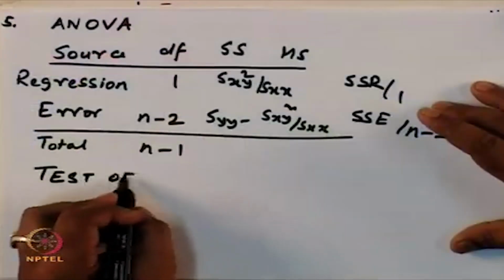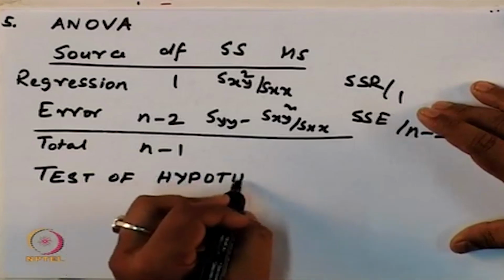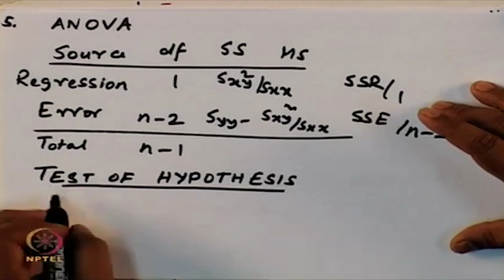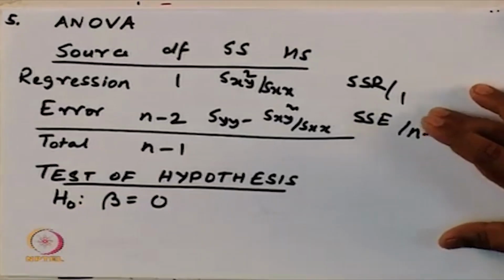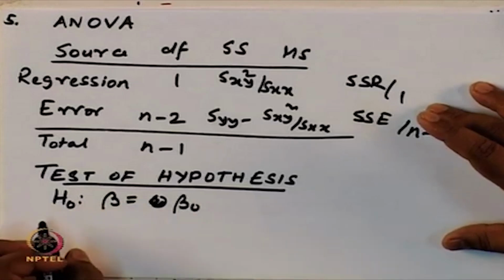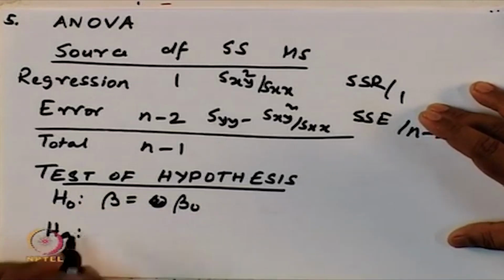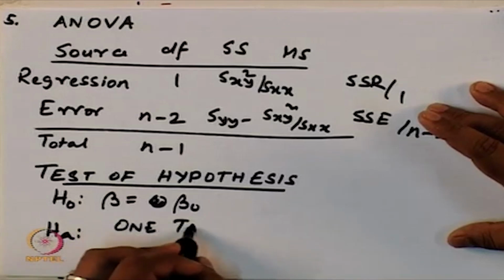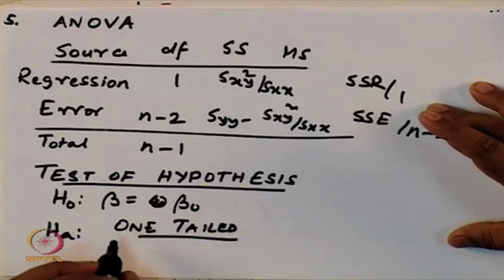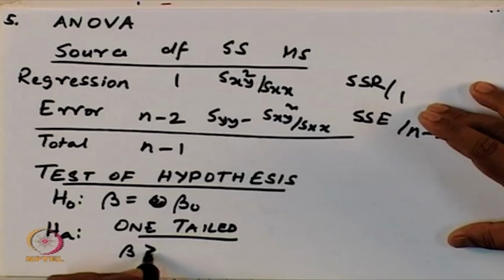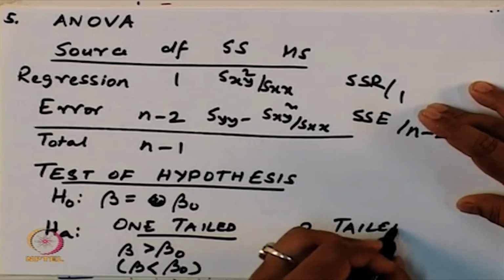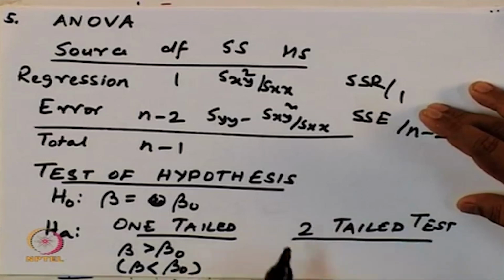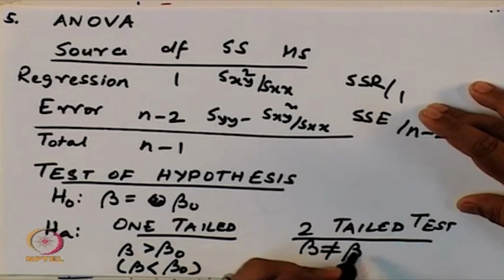We can write down the test of hypothesis as H naught: beta equal to 0, or in general you can say beta equal to beta naught, and alternative hypothesis H A. For a one tail test, beta is either greater than beta naught or less than beta naught, or for a two tail test, beta is not equal to beta naught.